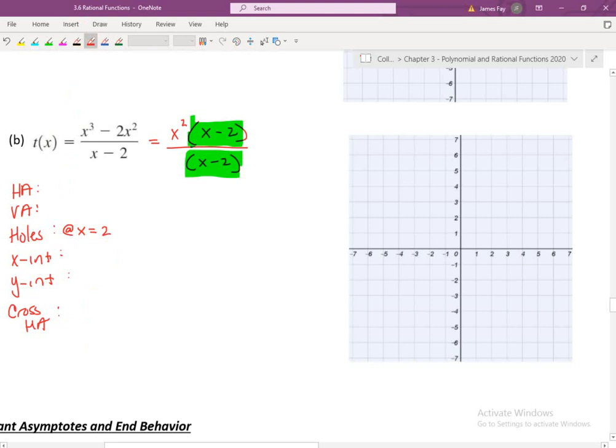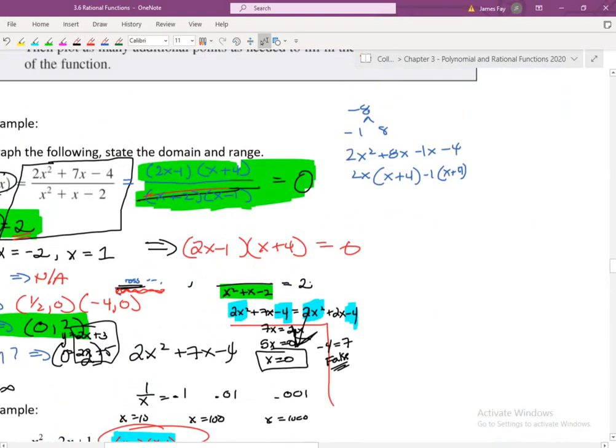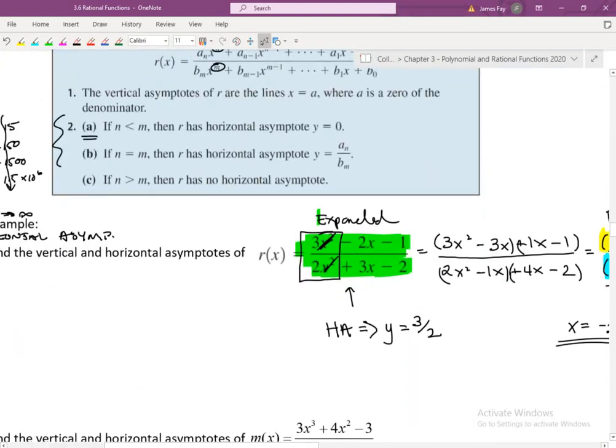Now I know I skipped the horizontal asymptote. To do the horizontal asymptote, we have to look at the leading degrees. If we scroll up, it calls this one M, and I think maybe it calls it N. I'm not sure. It doesn't matter.